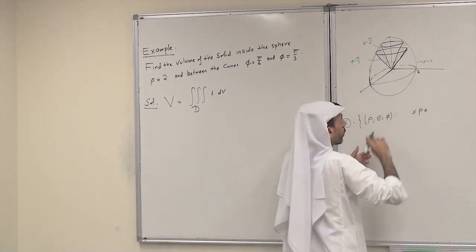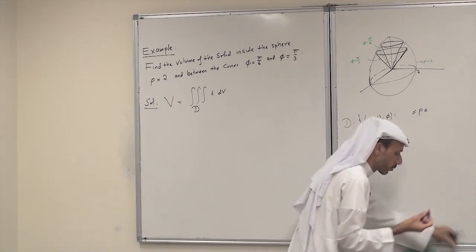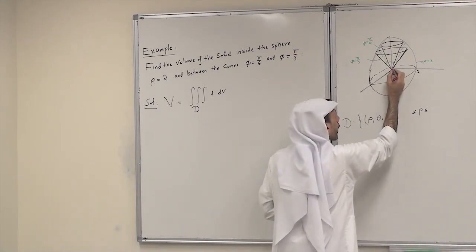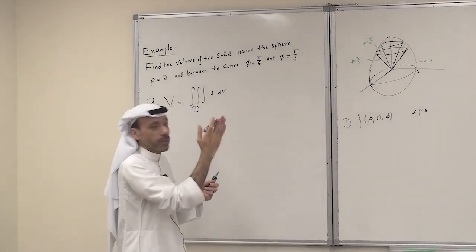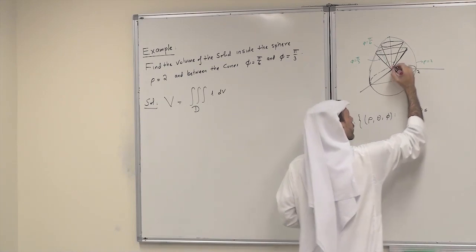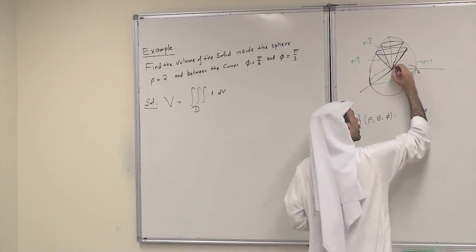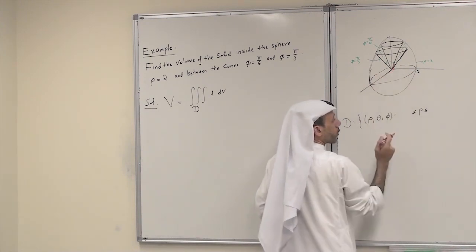If you take any ray from the origin, you enter the solid. Of course, you are already in the solid, so you are entering the solid really from the origin.